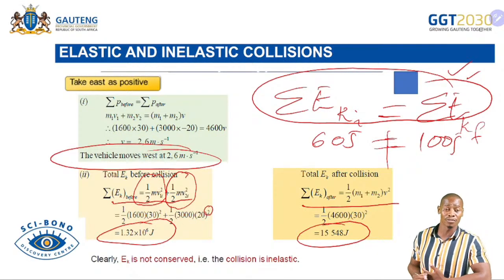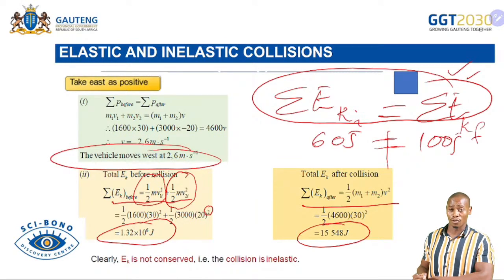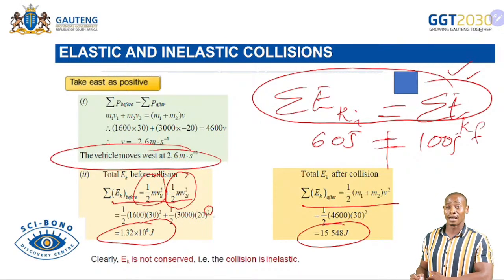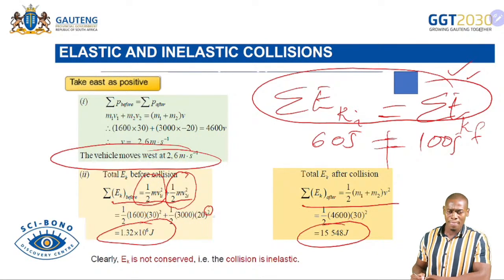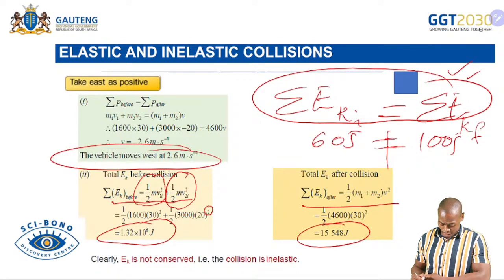Obviously, if you forget the square, your answer will be incorrect. This will also catch up with you when it comes to work, energy and power, or mechanical energy, your work-energy theorem. So it's very important to make sure that you do a correct substitution.